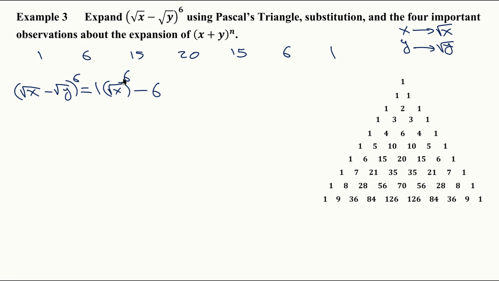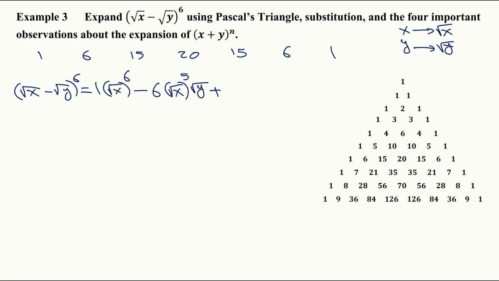We know that the exponent of this power is going to go down. So we get times quantity square root of x to the power of 5. And now the second radical comes in, times radical y to the power of 1, basically, right? And then the next term will be plus because the signs alternate.